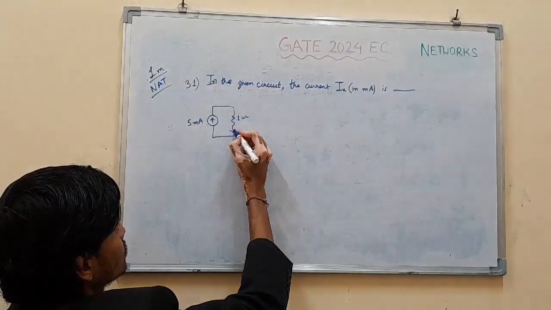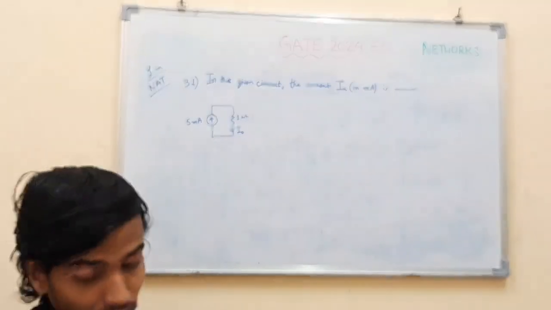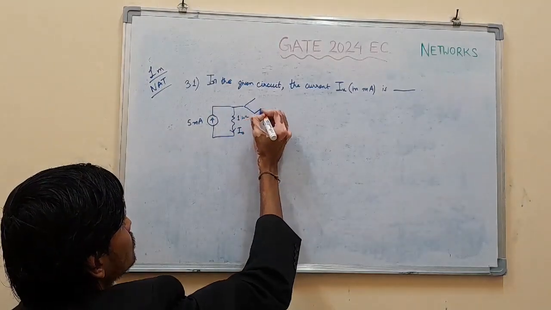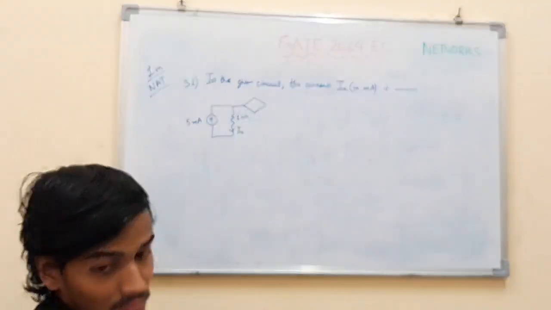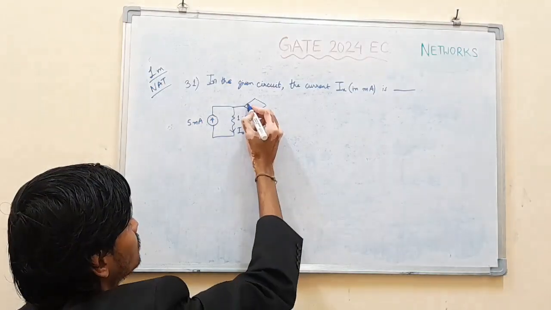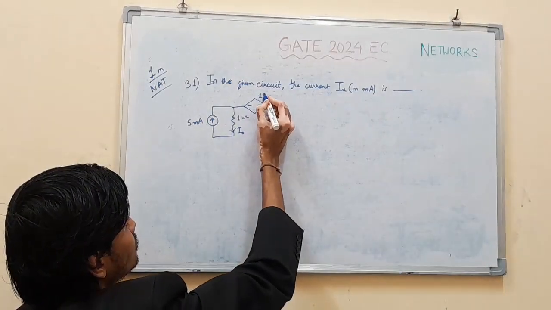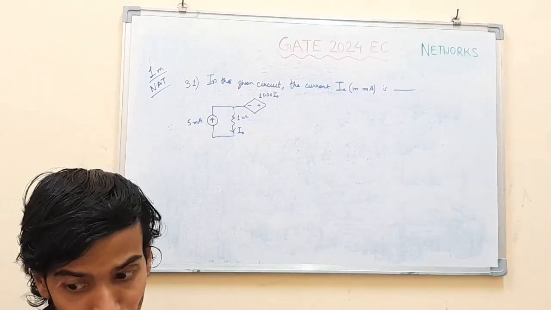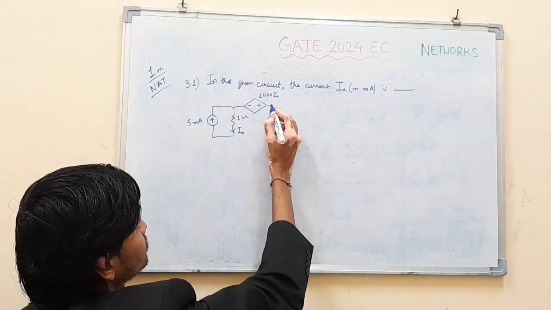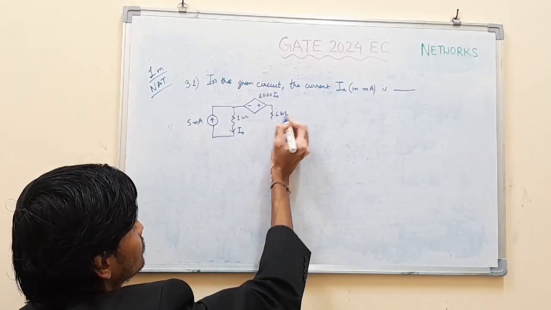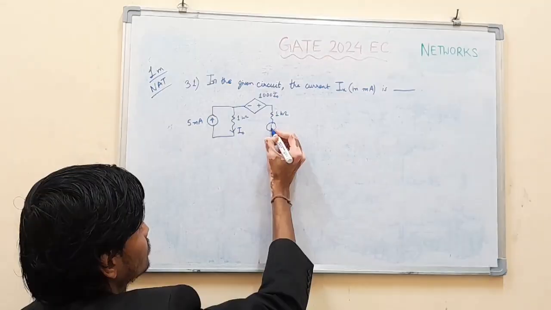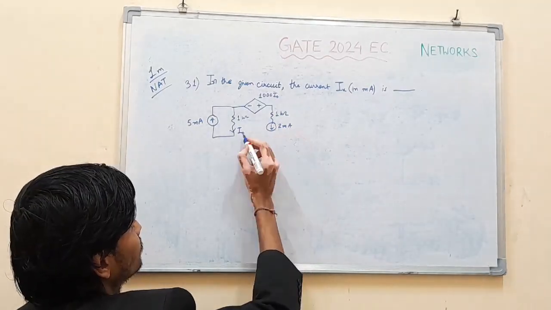This is I0. Thousand I0. 1 kilo ohm. Milliampere.